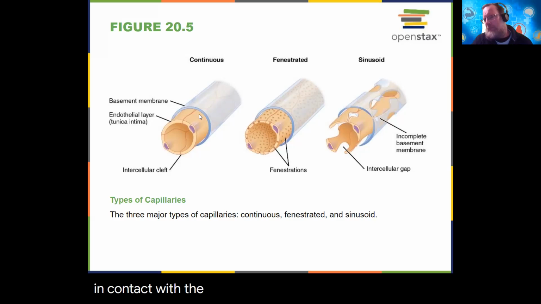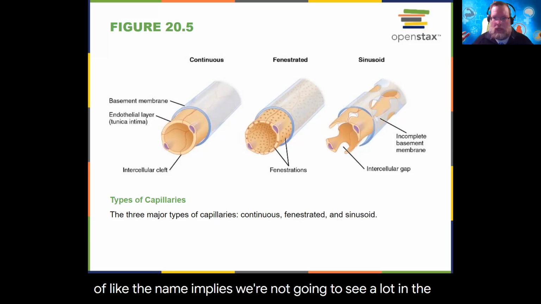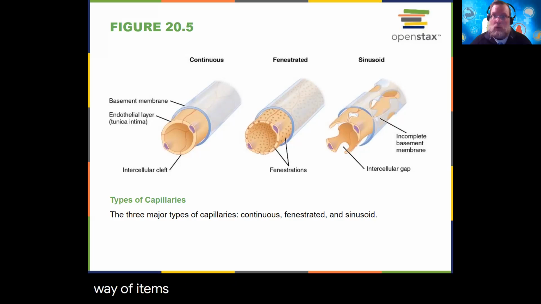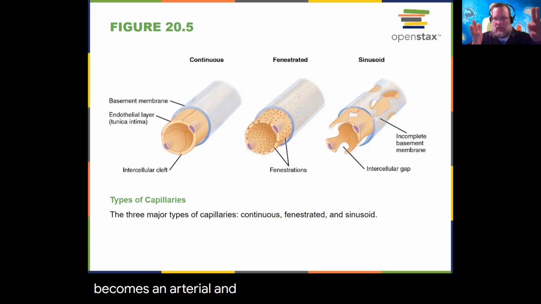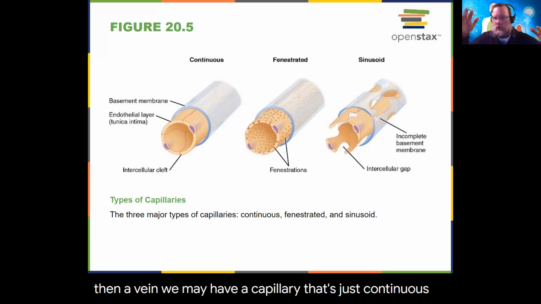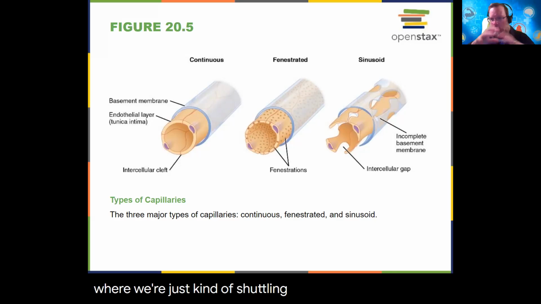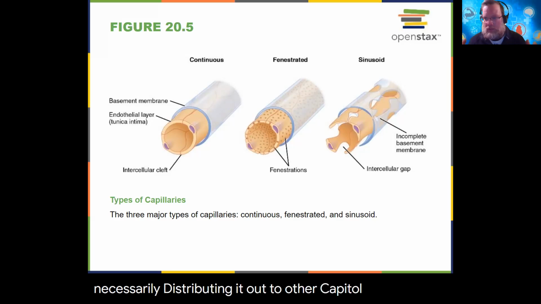Like the name implies, we're not going to see a lot in the way of items diffusing out of the bloodstream or into the bloodstream with a continuous capillary. So as an artery becomes an arteriole and then connects over to a venule and then a vein, we may have a capillary that's just continuous, where we're just shuttling blood through. We're not necessarily distributing it out to other capillaries within the bed.